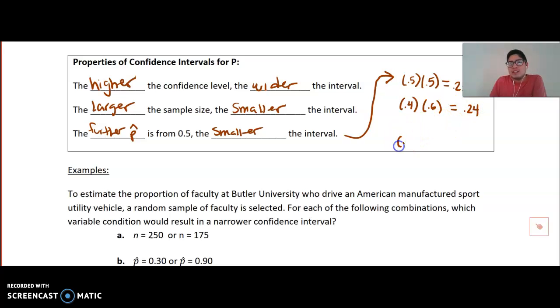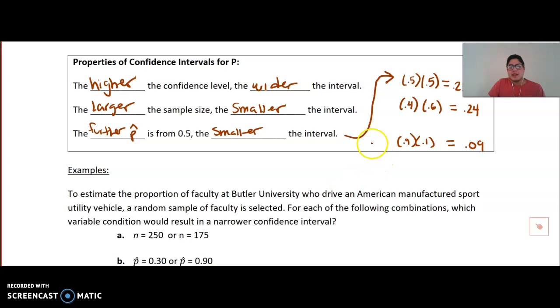And then what if we went extreme? What if I did 0.9 and 0.1? Well, then that would put us at 0.09. So we can see that 0.5 is actually going to maximize the value here in the numerator. So the closer p hat is to 0.5, the larger the interval. The further from 0.5, the smaller the interval.